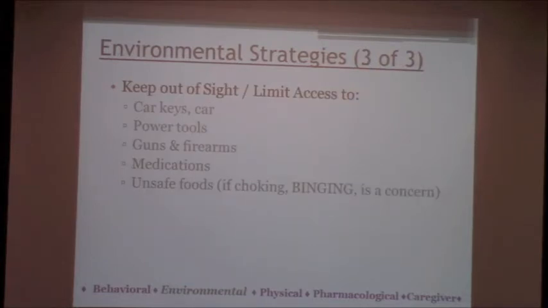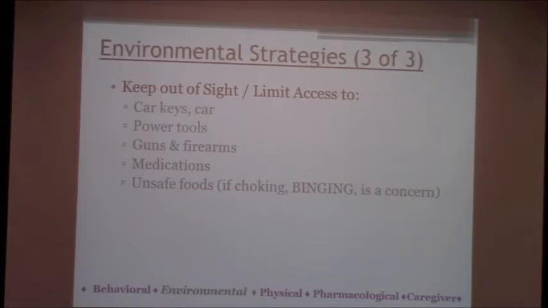Other environmental strategies are to keep out of sight and limit access to the things that people aren't able to do. Managing car keys. You can't tell somebody who's been driving all their life and doesn't think that there are changes, just don't drive. They'll go out and drive. So it may mean limiting access to a car, removing car keys, or sometimes removing the car.